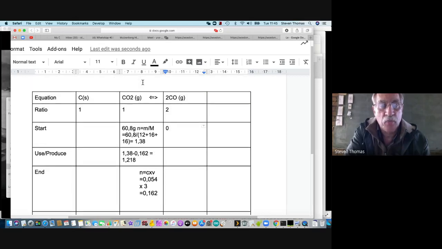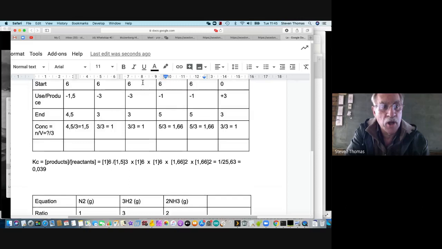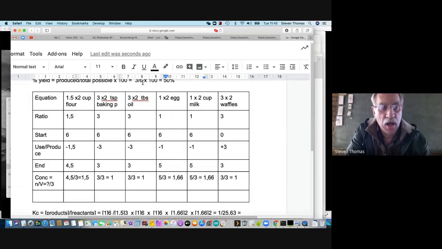Now let's just go back to our waffle story. Did you see that if this is the ratio, we always use up and produce stuff at the same ratio as our ratio? This column has got to match that column in ratio.